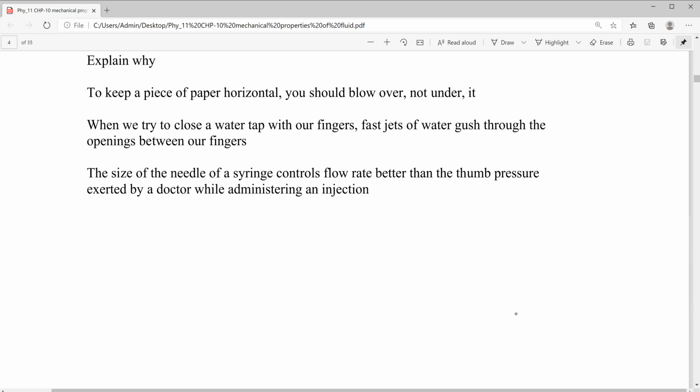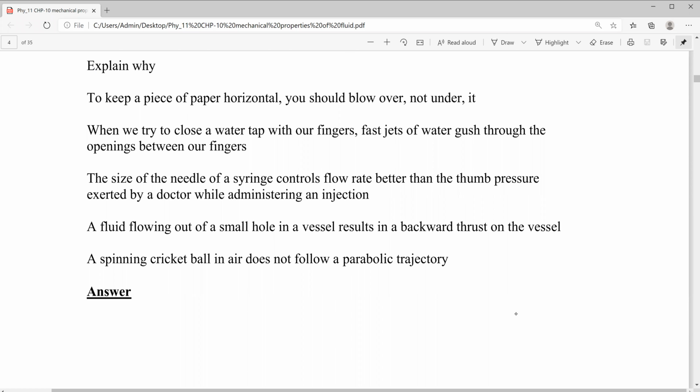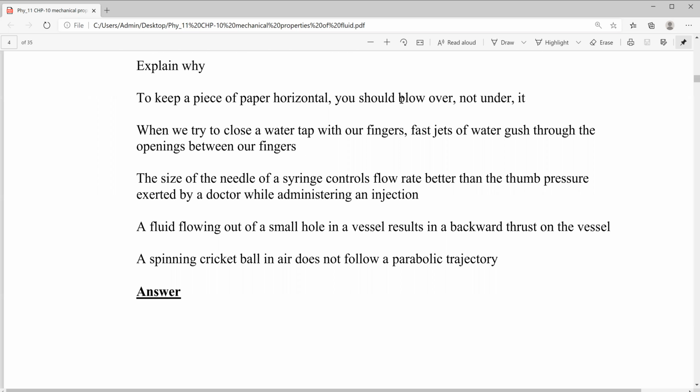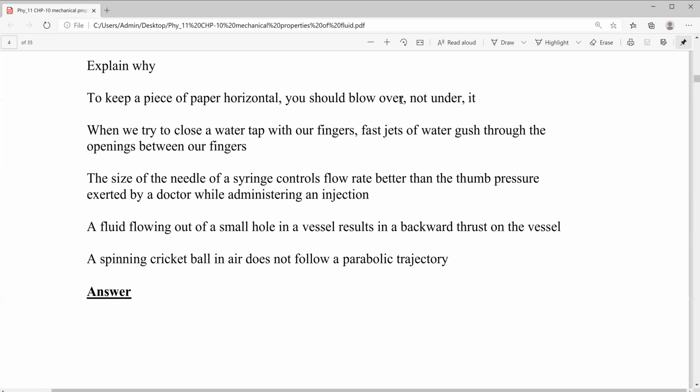Next, we shall see 10.4. Explain why, to keep a piece of paper horizontal, you should blow over, not under it. When we try to close a water tap with our fingers, fast jets of water rush through the opening between the fingers.